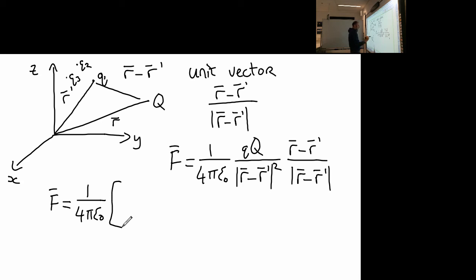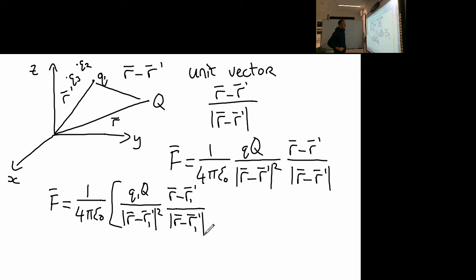And inside here we're going to have the force due to the first charge, so we've got Q1 by big Q over the square of the distance between them, R minus R prime 1, to be squared, and we have the unit vector, which is R minus R prime 1 over the magnitude. Okay, that's the first charge.